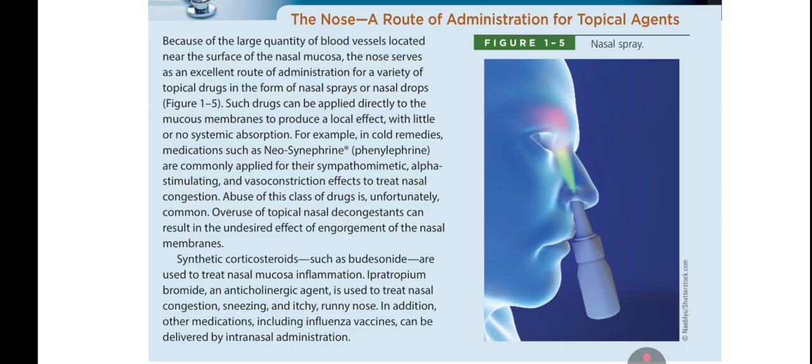As an example, oxymetazoline or phenylephrine, a sympathomimetic alpha-stimulating vasoconstriction drug which treats nasal congestion, is given to patients to prevent nasal congestion.